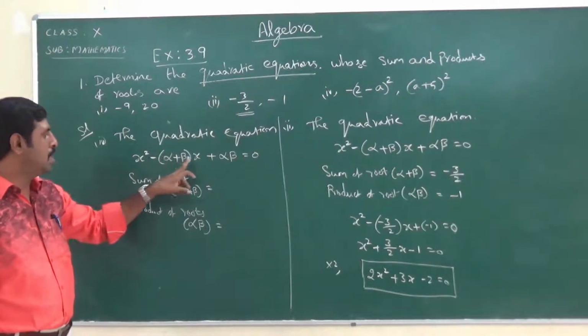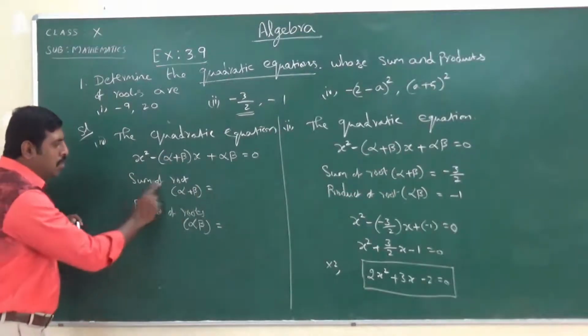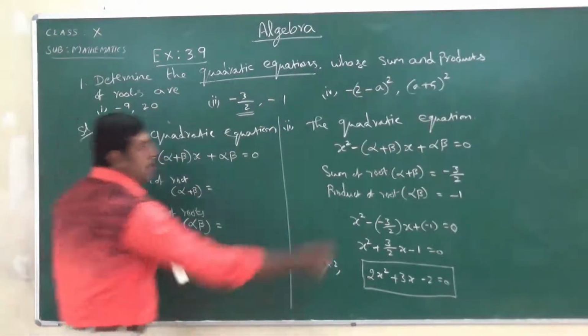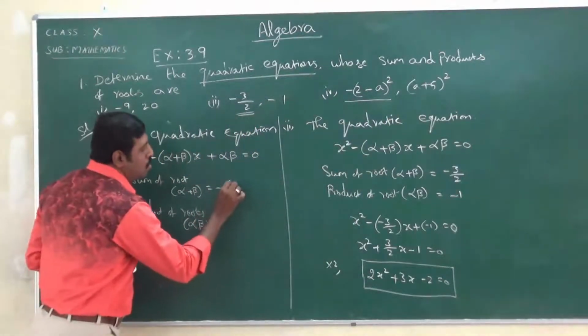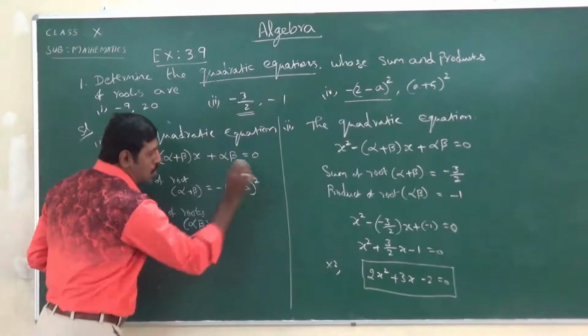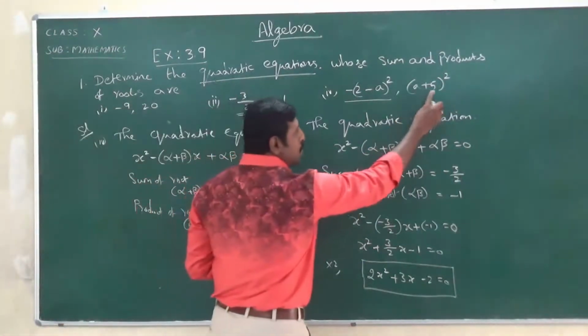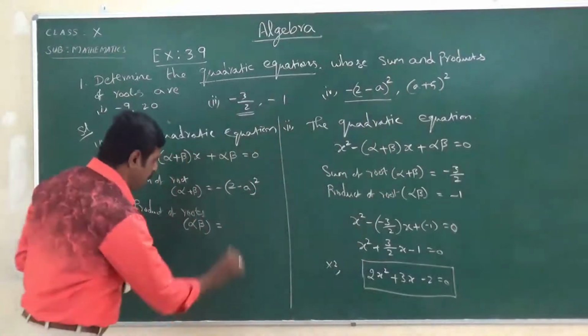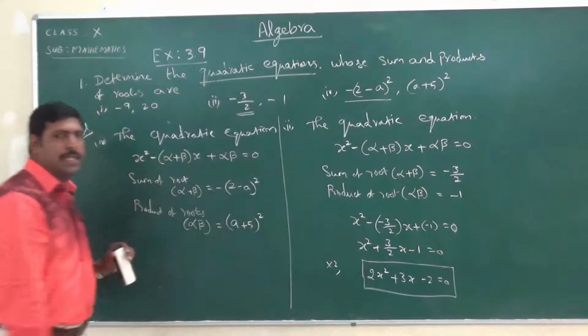It is alpha plus beta into x plus alpha into beta equal to 0. The sum of the roots, alpha plus beta, is minus of 2 minus a whole square, and the product of the roots, alpha into beta, is a plus 5 whole square.